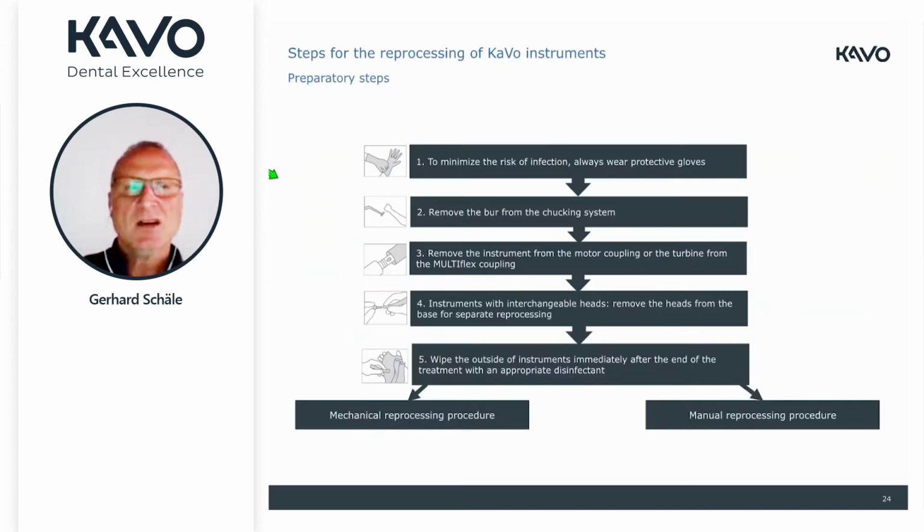The steps for the reprocessing of the KaVo instruments will be going in an easy way, and I have here just one slide, and if you are interested to have this more precise, you will find all necessary documents on the KaVo webpage, possible for a download. I just make here a small slide to come through.